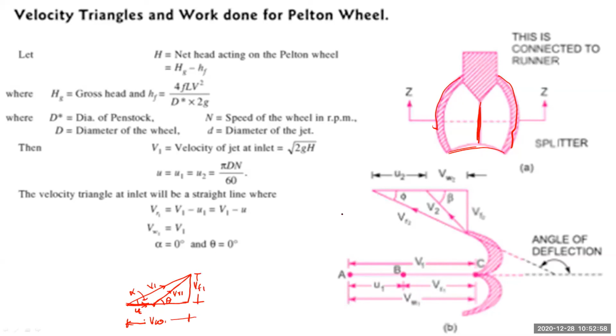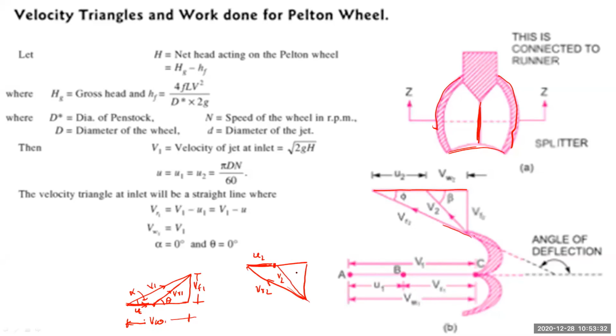Remember it. Similarly, on the outlet side, this is your outlet triangle. I will draw it here so that you can revise it. Since it is tangential, this will be your VR2. There will be some vane velocity U2. From this U2, you connect and get V2.